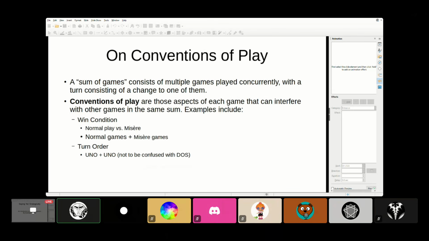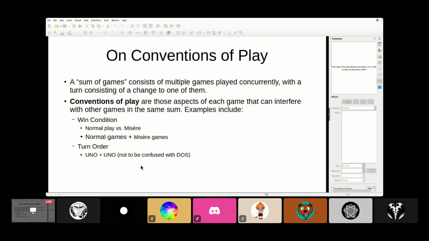But as soon as someone plays a reverse or a skip, suddenly we have an issue, because now the two games that we're playing disagree on who is supposed to go next. And again, we can't favor one over the other, even though it might make sense to say whichever game was played in last dictates who goes next. The two games are still going to disagree on that. So turn order is another convention of play that all the games we play in conjunction with one another have to agree on.